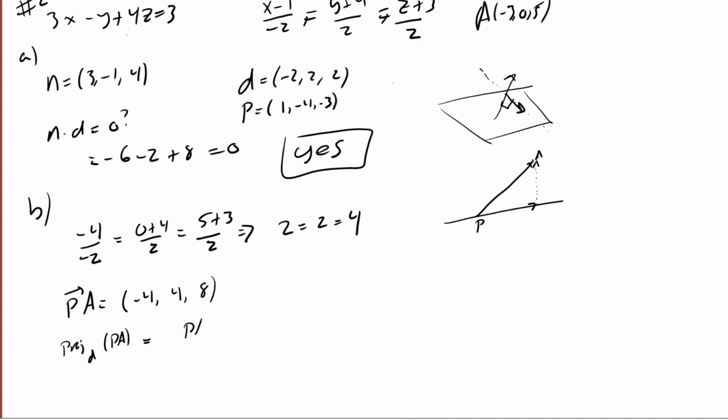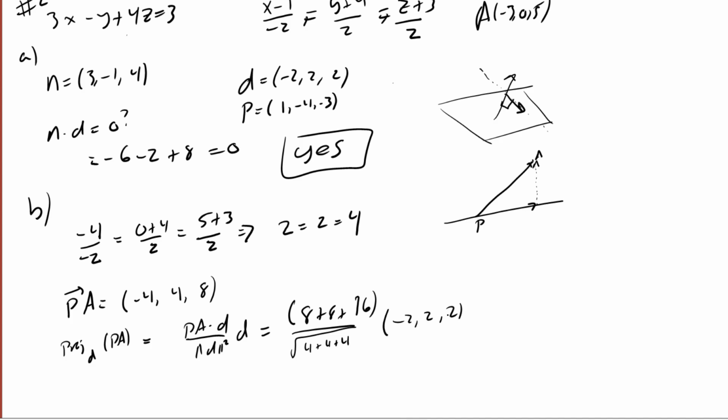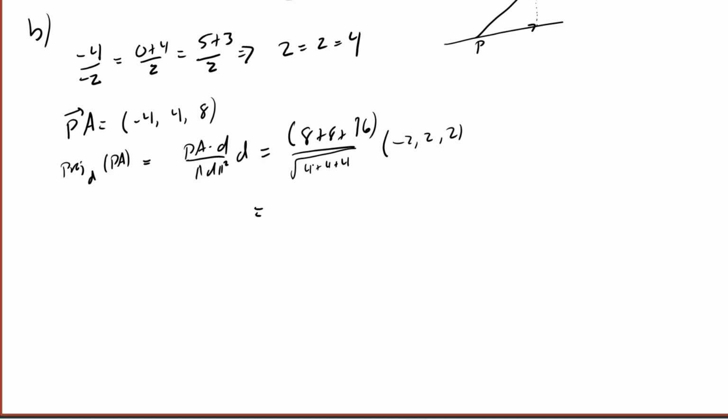So that's going to be PA dot D over norm D squared times D, which gives me 8 plus 8 plus 16 over 4 plus 4 plus 4 times minus 2, 2, 2, equals 32 over 2 root 3 times minus 2, 2, 2.